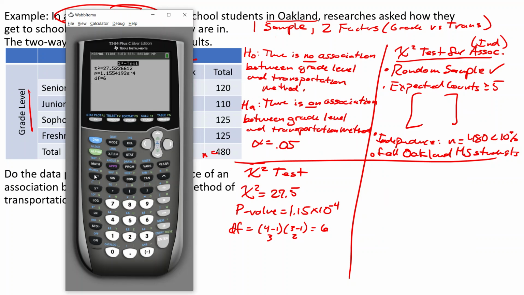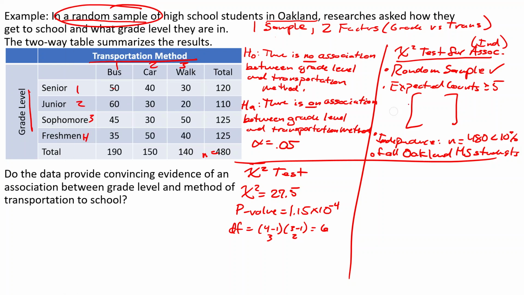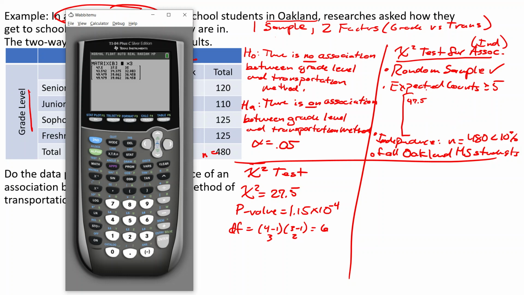So let's see, second matrix, edit. Notice that matrix B has now changed to a 4 by 3. And there are our expected counts. We don't need to write out all the decimals. So 47.5, 37.5, and 35.